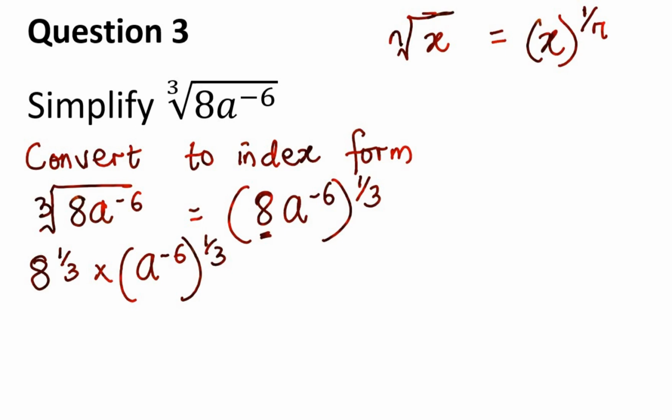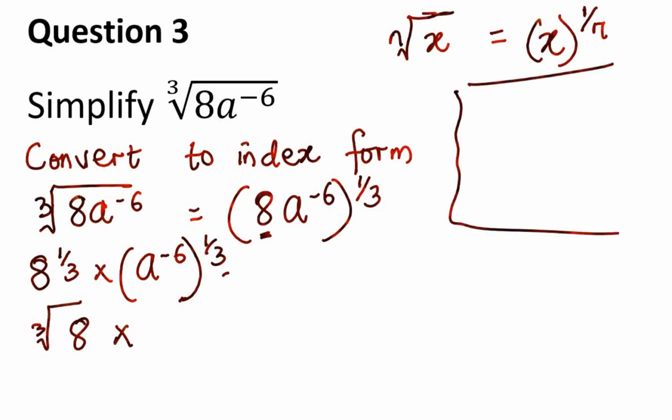8 to the power of 1 over 3 is the same thing as the cube root of 8. Now let's simplify: a to the negative 6 times 1 over 3. 3 into 6 is 2, so negative 2 times 1 gives me a negative 2. Bring it here: a to the negative 2.